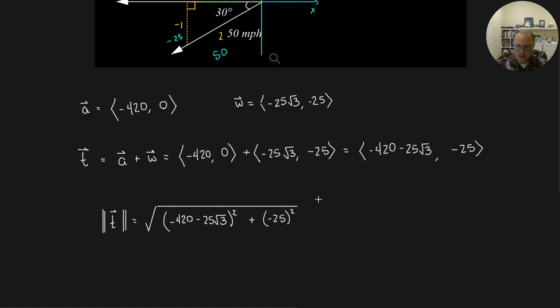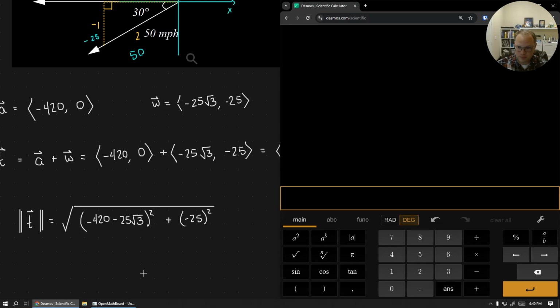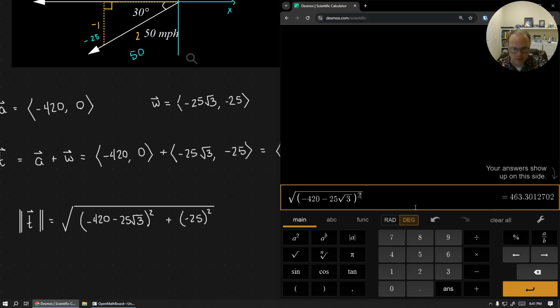Okay, so let's plug into a calculator. I have one off to the side here. All I'm using is the Desmos Scientific Calculator. It's a great calculator. I recommend it. So I'm going to use the square root of negative 420 minus 25 square root of 3, and I square it, plus negative 25 squared.